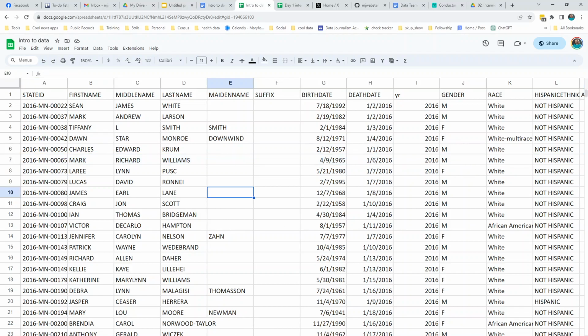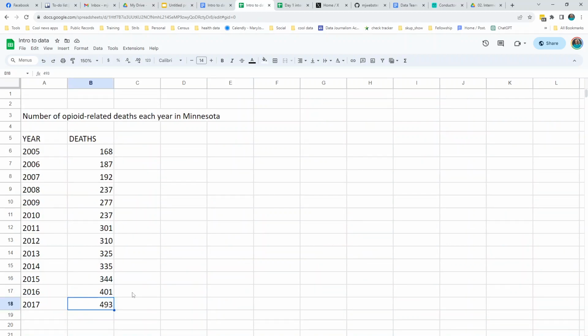So this is the thing you want to aim for. If a government agency gives you a table like this with the total deaths each year or anything that's tallied up, try to ask them, can I get the detailed records you used to create this table? And that's where you want to go.